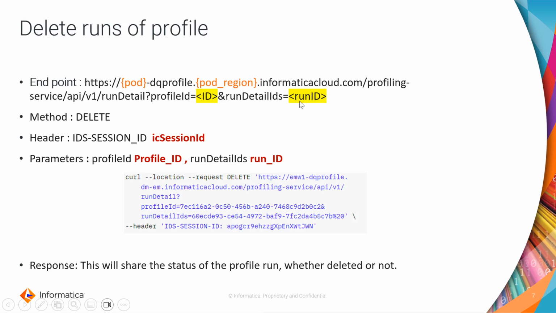You can pass multiple run IDs, but the profile ID will be single, and the profile run details about that particular run will be deleted from Informatica. Please note the method here is delete. The parameters we need are the profile ID and the run details ID. The response will share the status of the profile run, whether it's deleted or not.